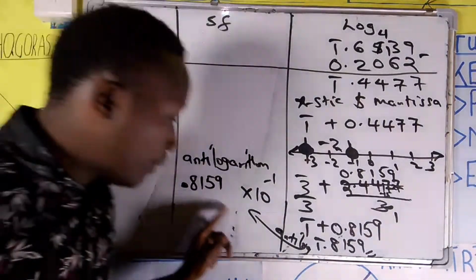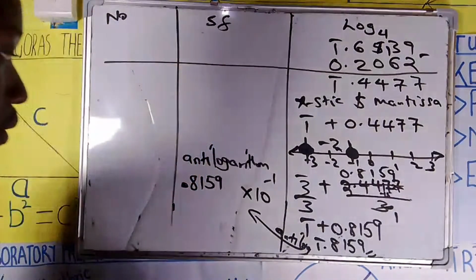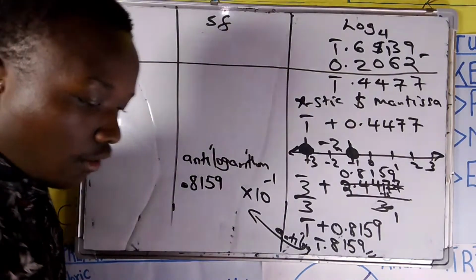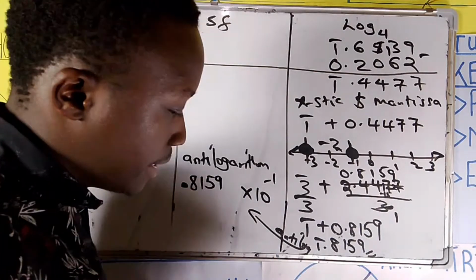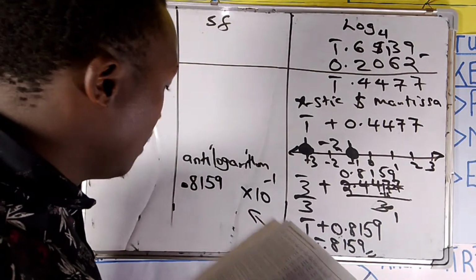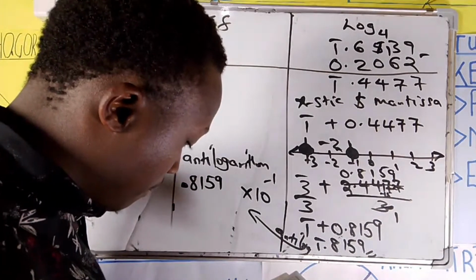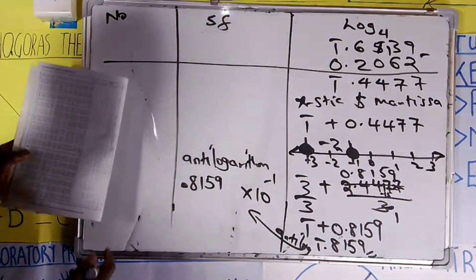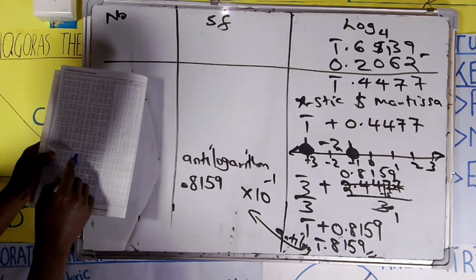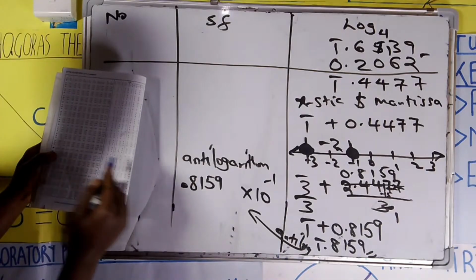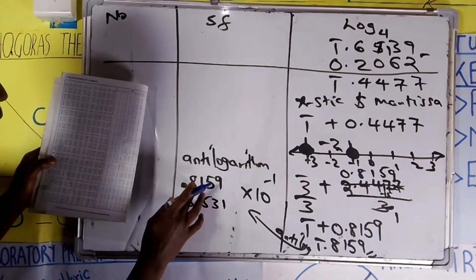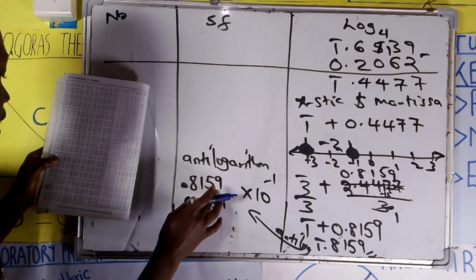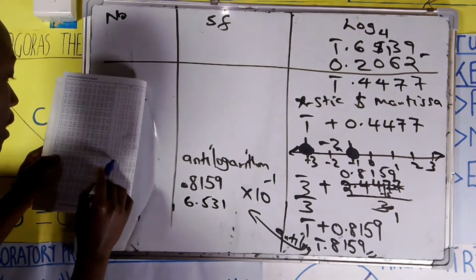After we get this as our antilog, we can now proceed to the table of antilogarithms and determine 0.815. It is 6.531. Then we add the last column of 9.